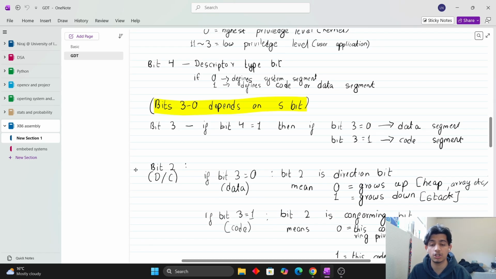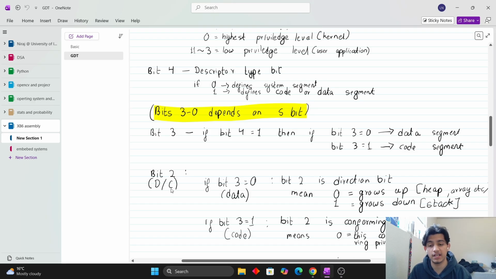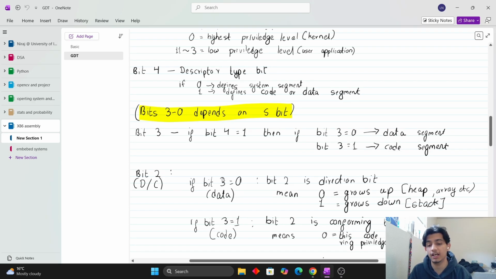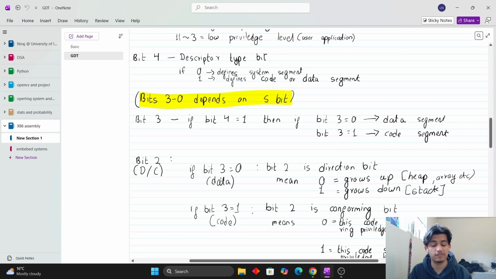So now let's jump into bit 2, that is the direction or conforming bit. Same idea here. If bit 3 says it is data, that means it can grow upward or it can grow downward.